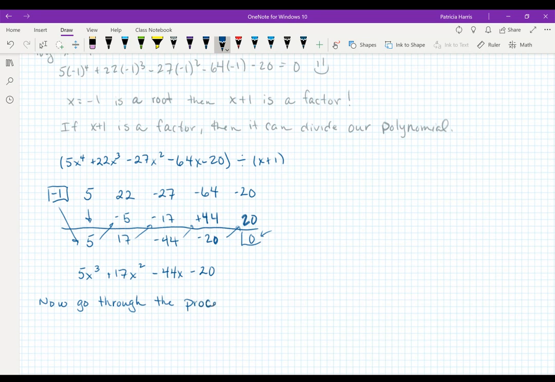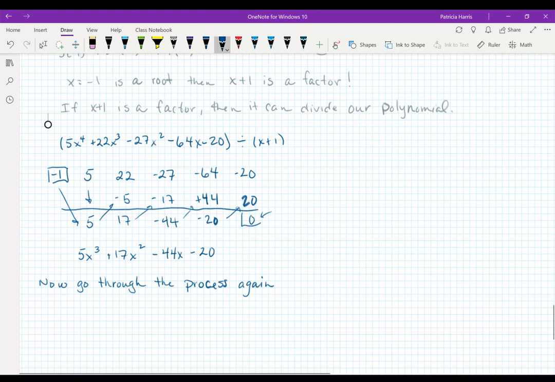Now, the nice thing about graphing is if you can find just 1 zero, then you don't have to do this process over and over again.